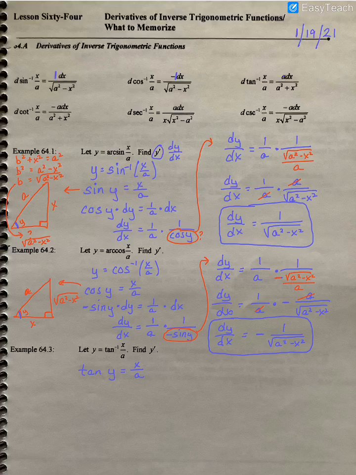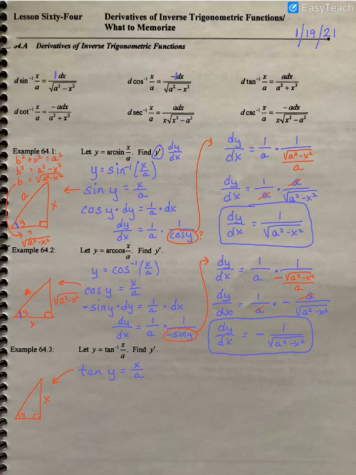Okay. If you want to go ahead and make your triangle here, that would be a good time to do it. So if I make my triangle here, okay, I'm going to put y in the same corner, being consistent. Tangent of y is equal to x over a. So if you remember, tangent is opposite over adjacent.